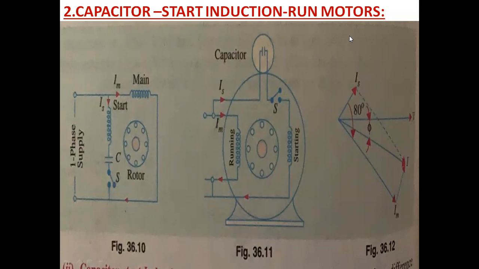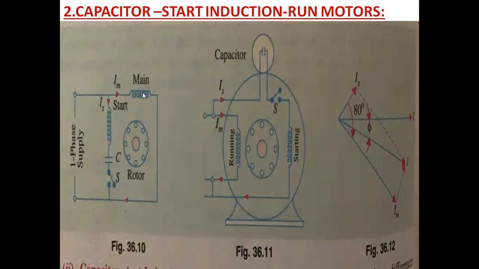That resultant flux will be cutting the rotor, and we will get the necessary torque required for running the rotor. So the main aim is to take two windings and have some phase difference between them. The phase difference is between IS, the starting winding current, and IM, the main winding current.